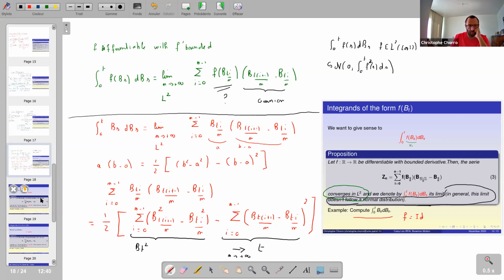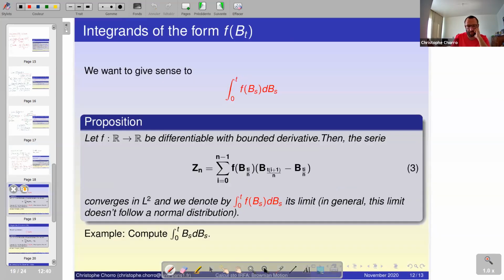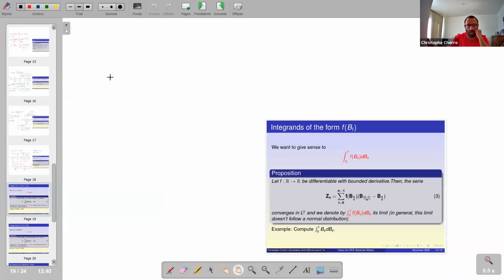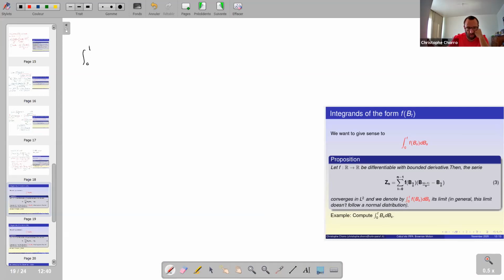And if I summarize what I have obtained here, I have obtained that the integral between 0 and t of bs dbs is equal to 1/2 of (bt square minus t). In particular, I have something here that is not Gaussian, because you have in this expression the square of a Gaussian. So it is something that is a chi-square type distribution, but not a Gaussian distribution. Okay?